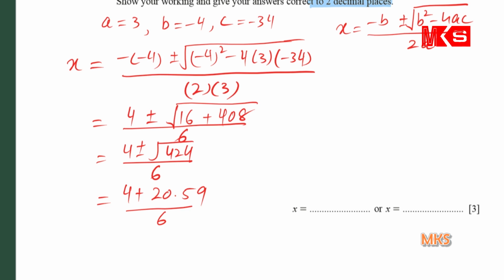Keep it correct to 3 decimal places, at least one level higher, 20.591. 4 plus 20.591 over 6. So 20.591 plus 4 and divided by 6 will be 4.0985.